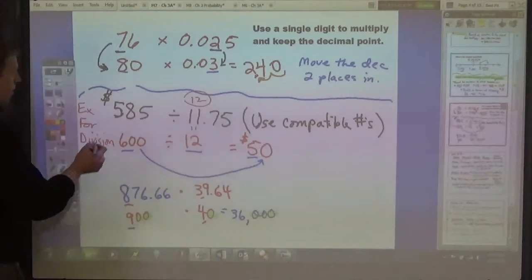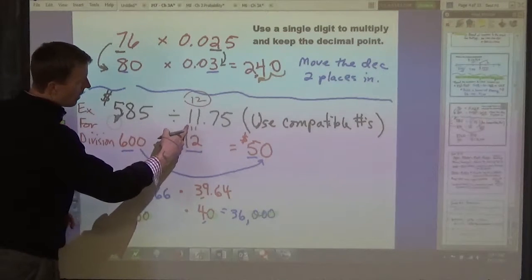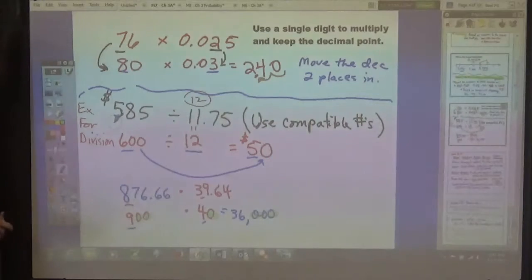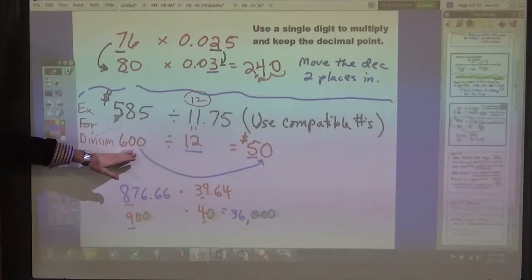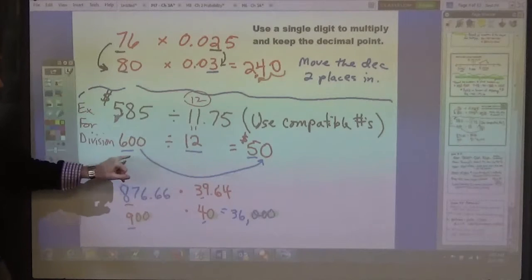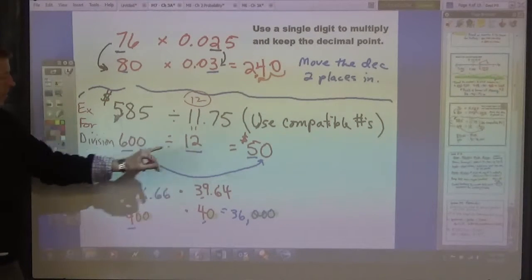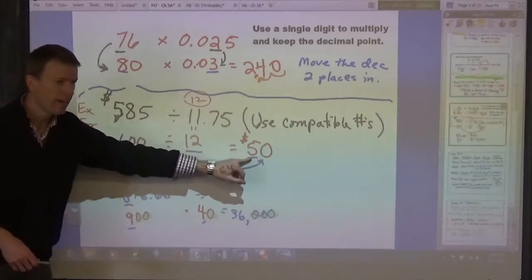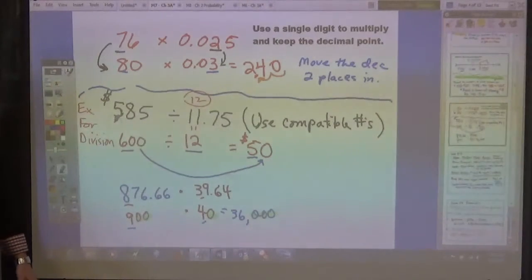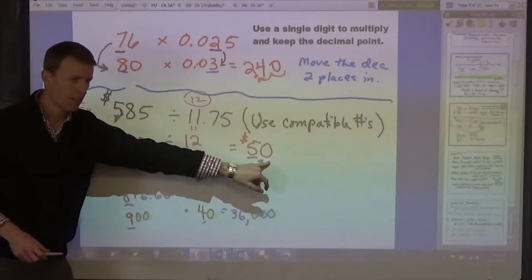So if you're starting with a problem like 585 divided by 11.75, think of 585 as 600, and 11.75 as 12, because 60 and 12 are compatible. 60 divided by 12 is 5, and then this remaining 0 put into the answer.